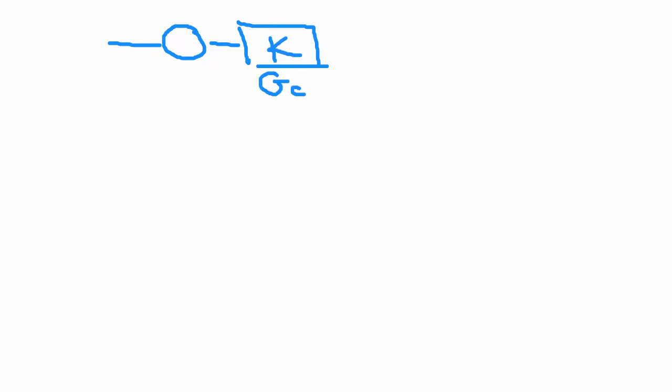This is the transfer function. That one is K, which is GC actually, the controller. That is the system. That is output.